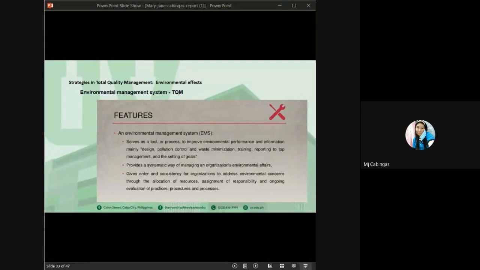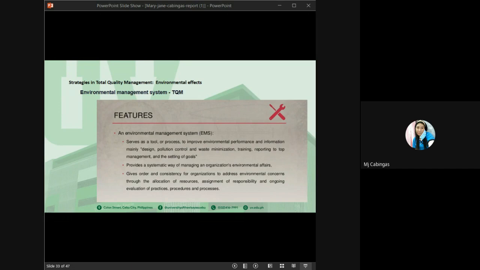And it gives order and consistency for organizations to address environmental concerns through the allocation of resources, assignment of responsibility, and ongoing evaluation of practices, procedures, and processes.